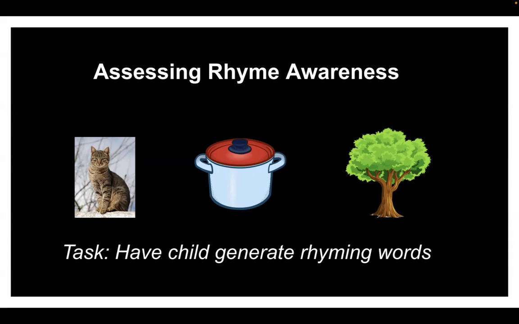So if the word was cat, I would see if they're able to give me rhyming words like bat and sat and so on. With pot, again, I could give them that spoken word, or maybe I have a picture, but they could say not or rot, and so on with tree.